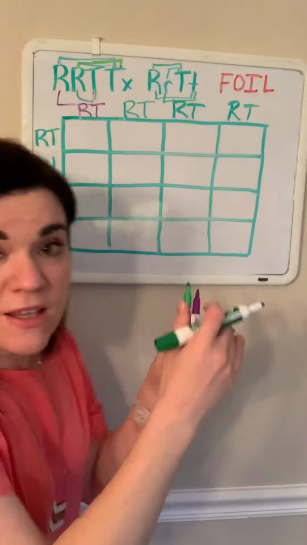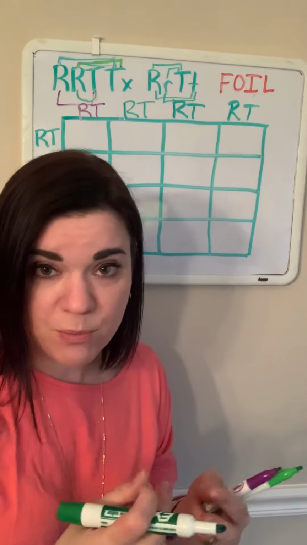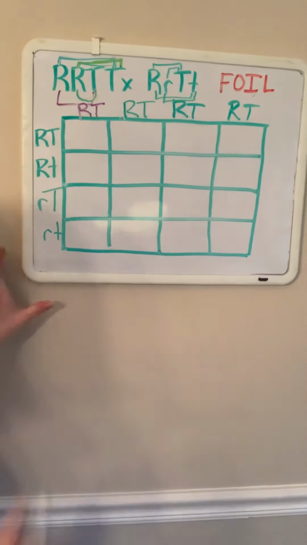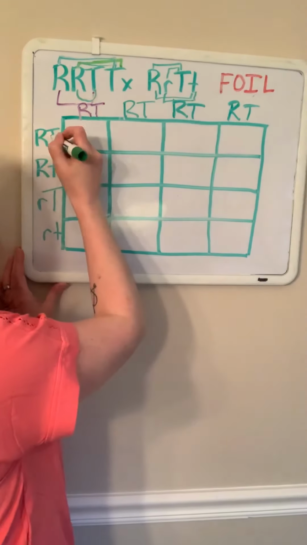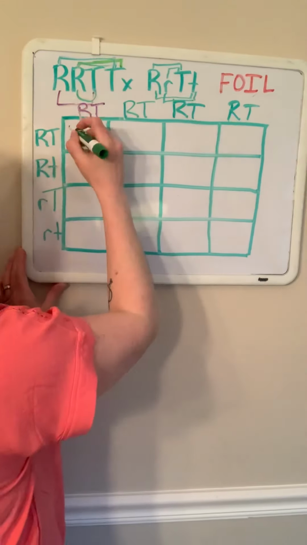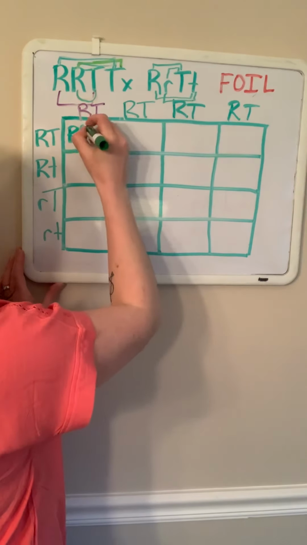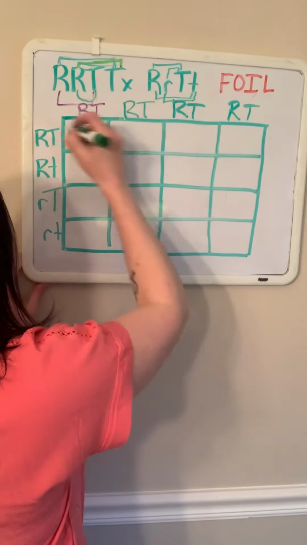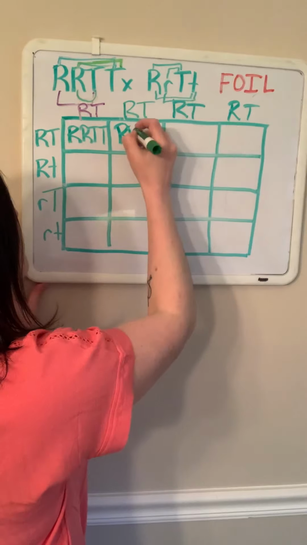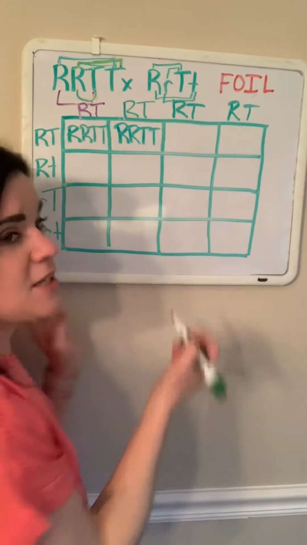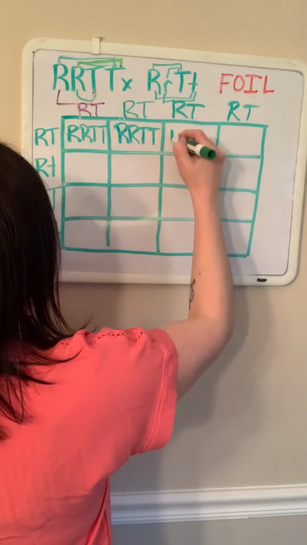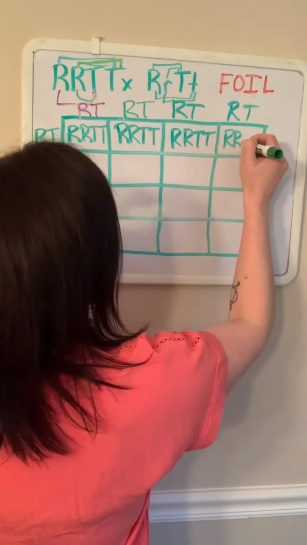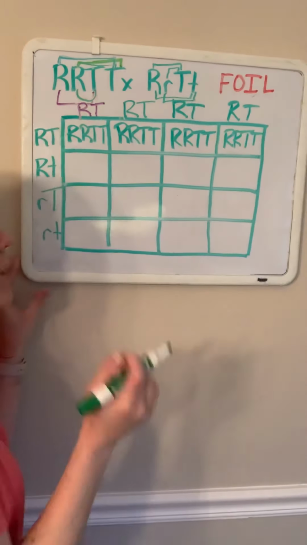And then when you're bringing these alleles down to find the offspring, you also want to be consistent about putting the capital letter first. So when we're looking at this first square, you bring these two alleles down and over. So it'd be capital R, capital R, capital T, capital T. Same with this one, it's down and over, capital R, big T. This one, capital R, big T, and you can see we have a little bit of a pattern with this Punnett square.